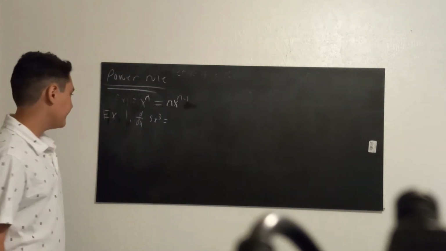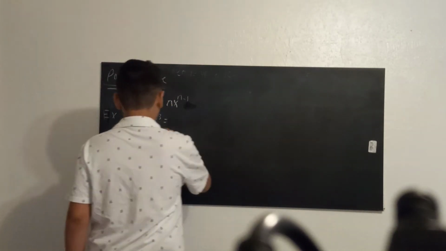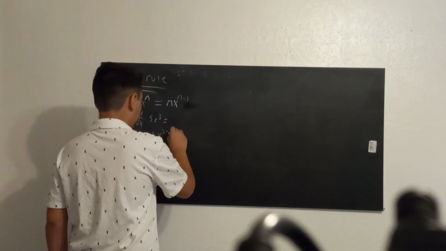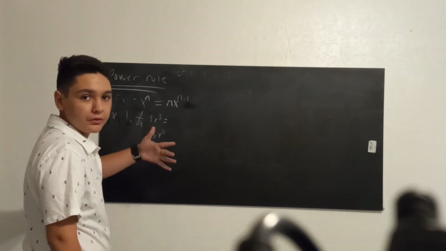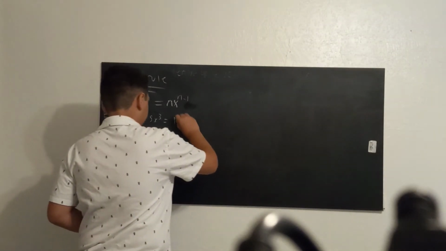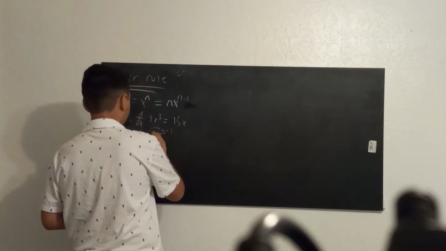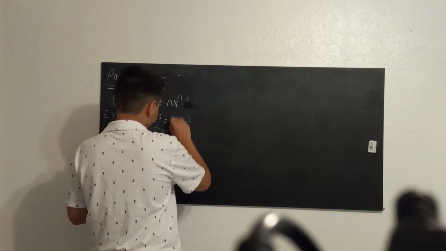Alright, so we're going to take this power right here. First, we're going to multiply 3 by 5, which gives you 15x. And then we're going to subtract 1 from 3. That gives you the second power. And that's the final derivative.